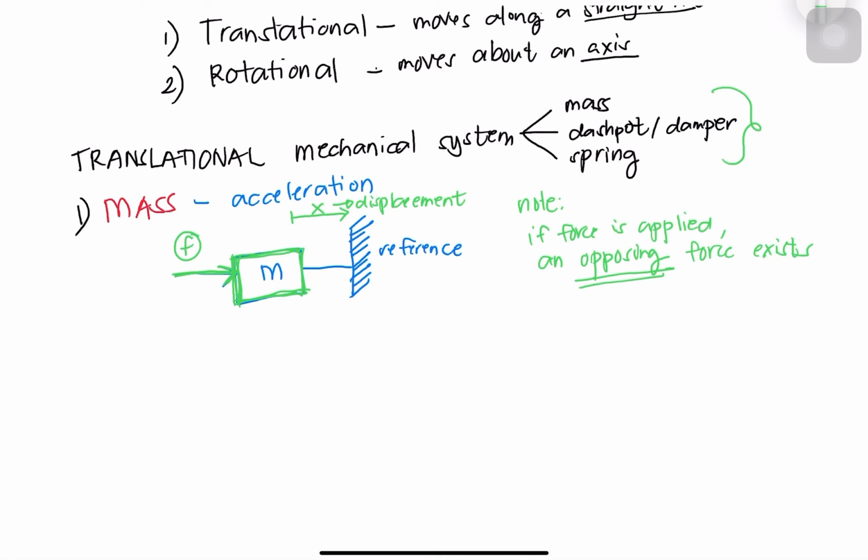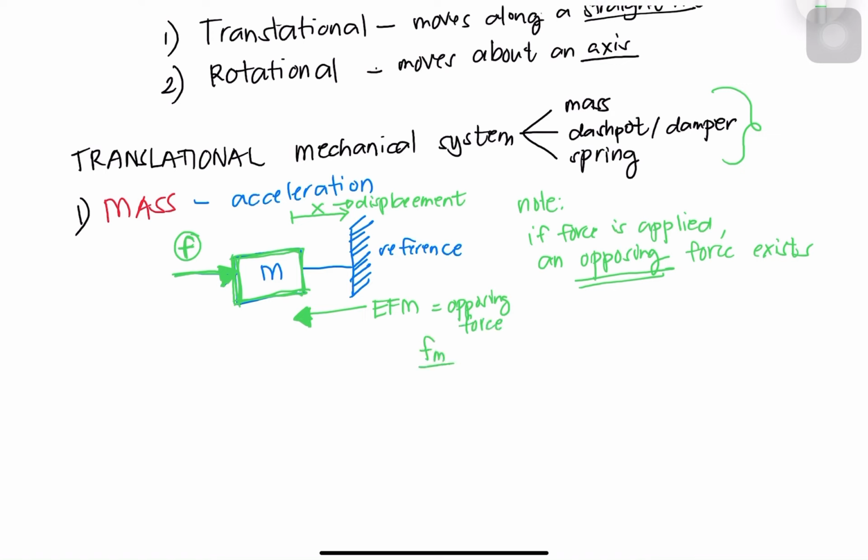Okay, so if we apply here a force, external force, we can assume, or it is given that we have here an opposing force. So you can see an opposing force has an opposing direction. So this one is going towards the right, and this one is going towards the left.